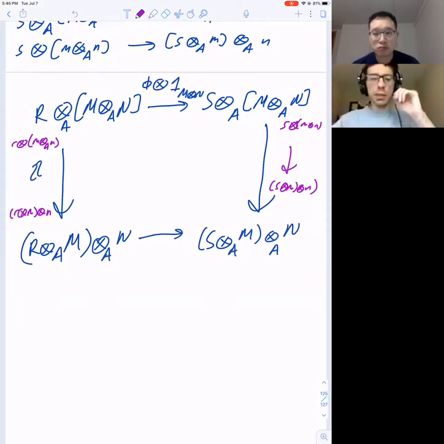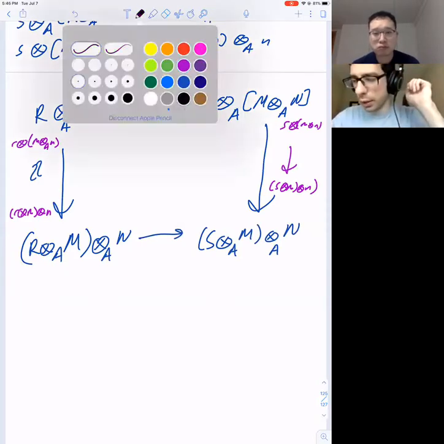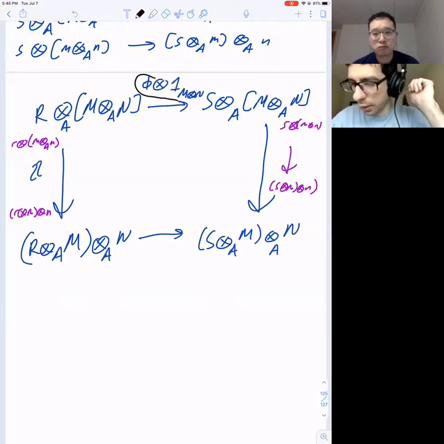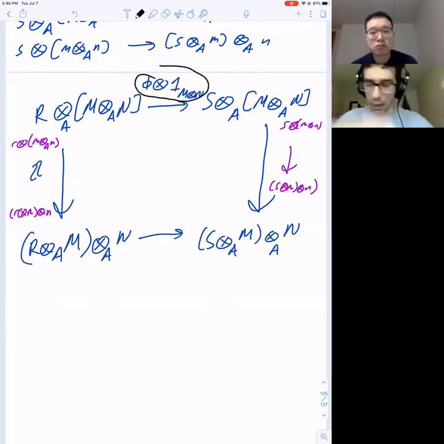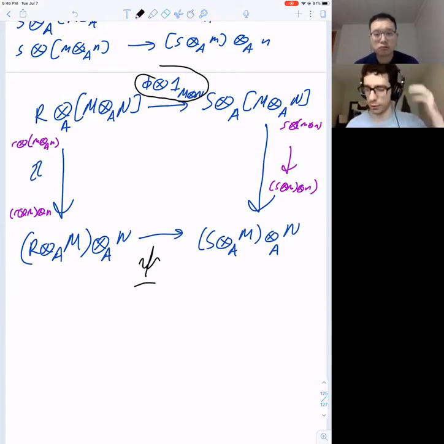So is this map here injective? Well, like we did last week, I don't care about this map. So long as I can give you a map here, which there is a commutative diagram, and if this map is injective, then I win, because it's just isomorphisms everywhere.